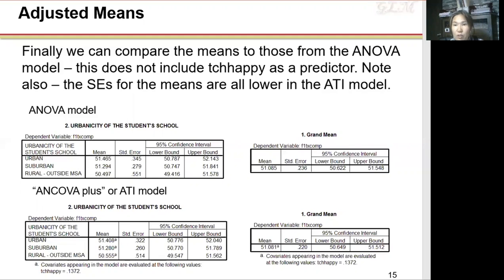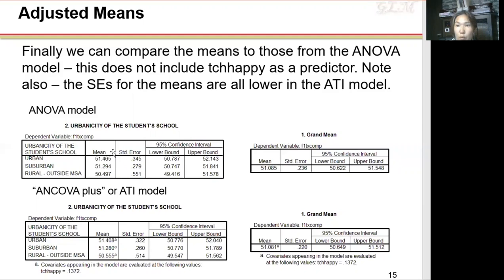So we have a common mean here, so we're going to adjust the means of subgroups for Y controlling for all other variables, which is the covariate. So here, these values are slightly different from these naive means. And also the grand mean here.